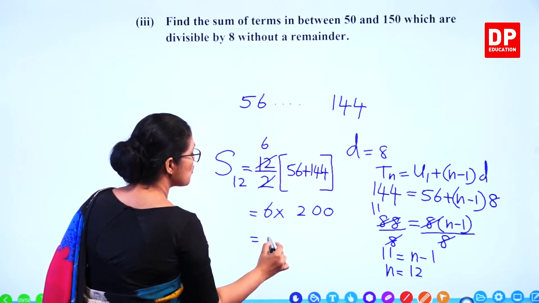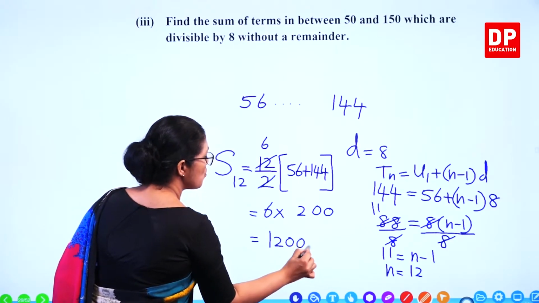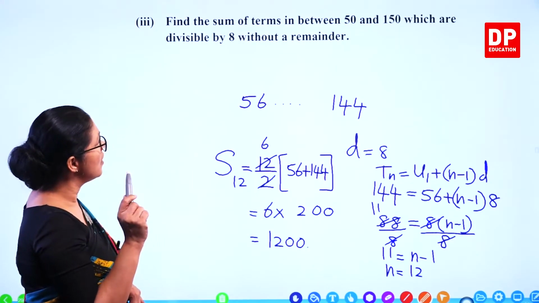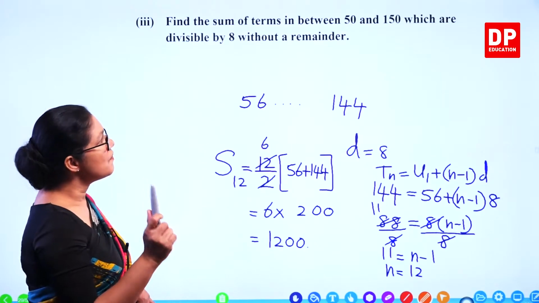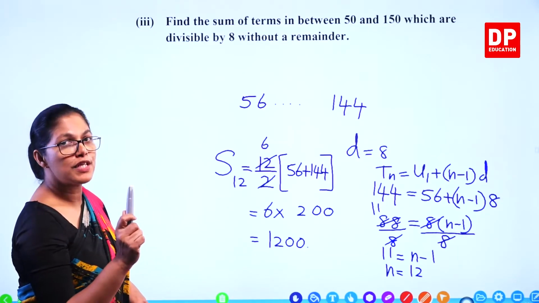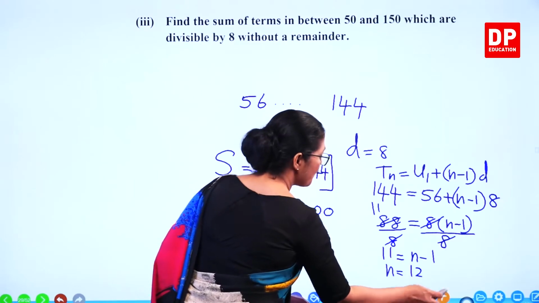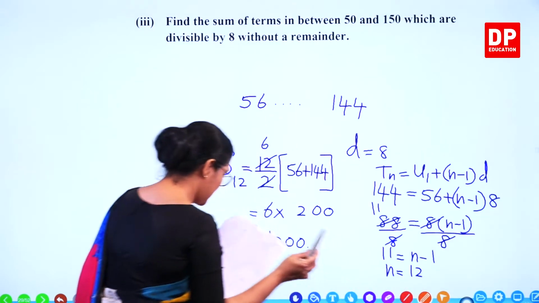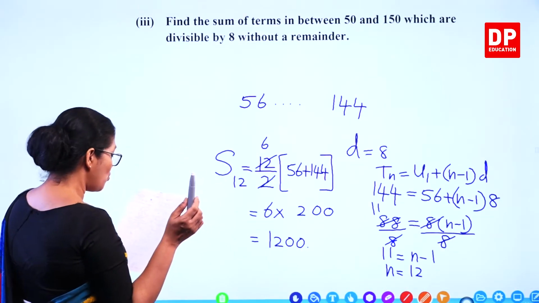So 6 times 200, 1200, is the sum of terms that are divisible by 8 in between 50 and 150. So how many marks for that? You are getting 2 marks.